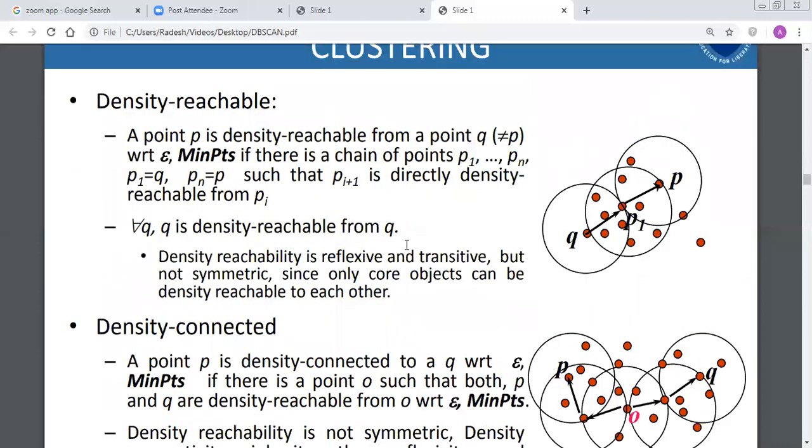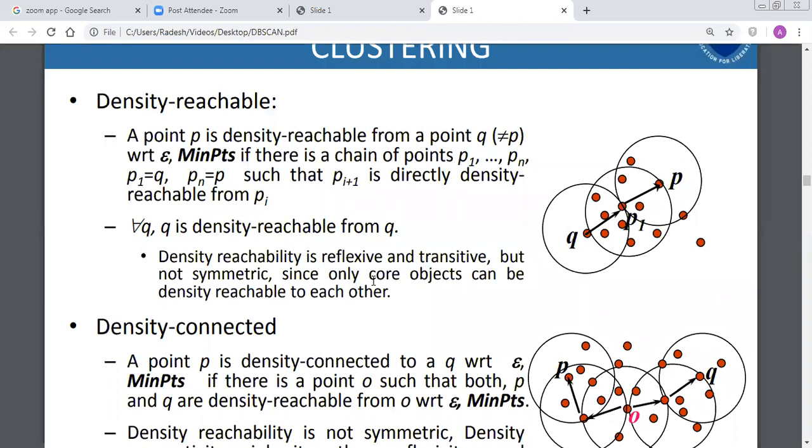These two are very important. Kindly try to concentrate here. A point P is density reachable. Here, two important criteria: we have already seen the two parameters, one is epsilon and the other is minimum points. And apart from that, how the data points are classified, whether it is a core point, border point, or noise.